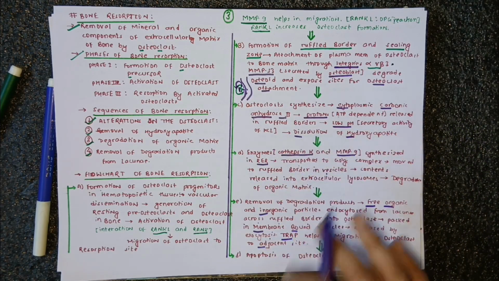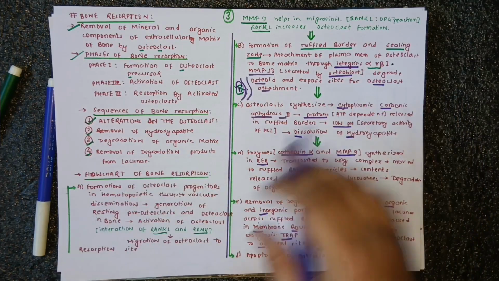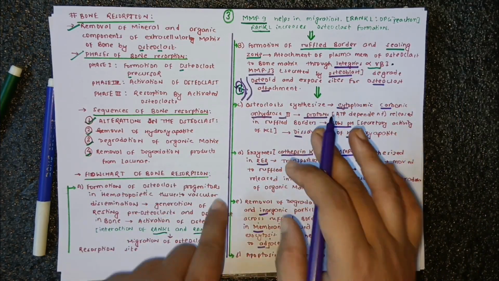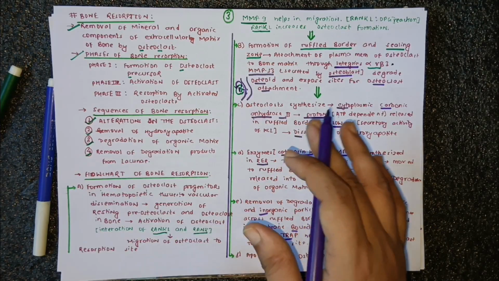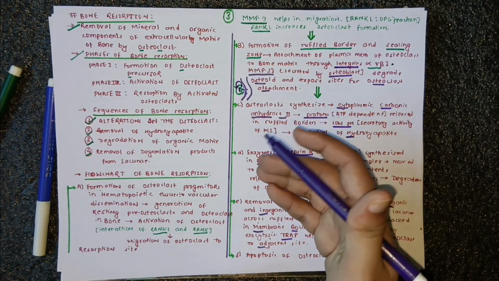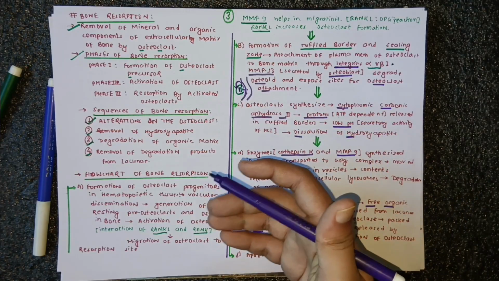Now I will give a summary of all those steps. First, there is formation of the osteoclast progenitor cell in the hematopoietic tissue. With vascular dissemination, there is generation of the pre-osteoclast and the osteoclast.